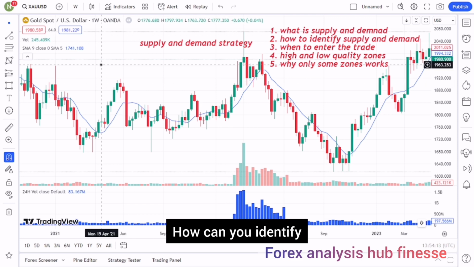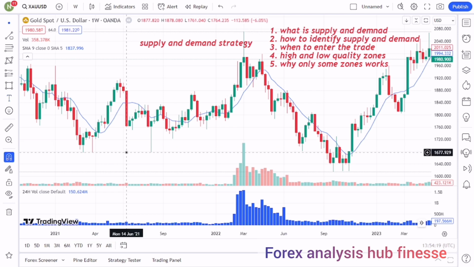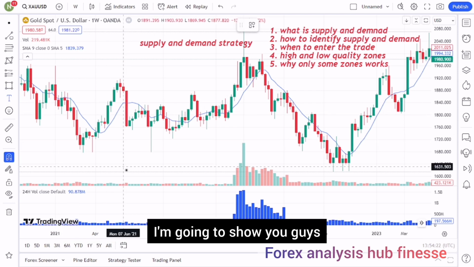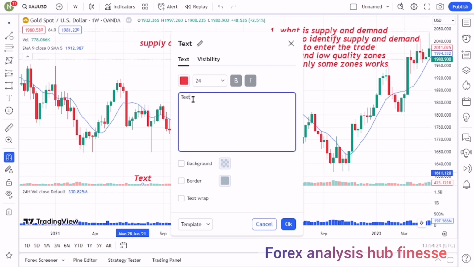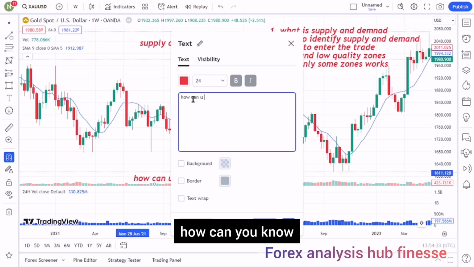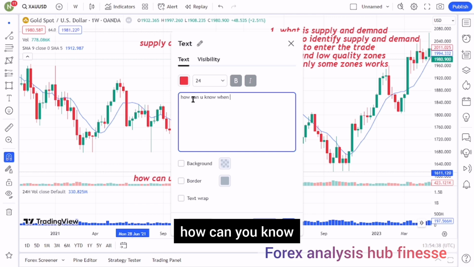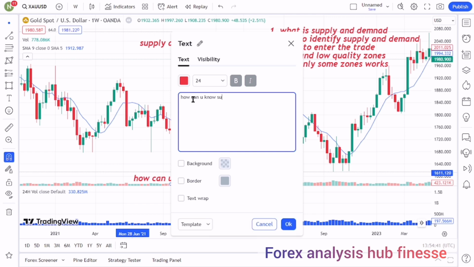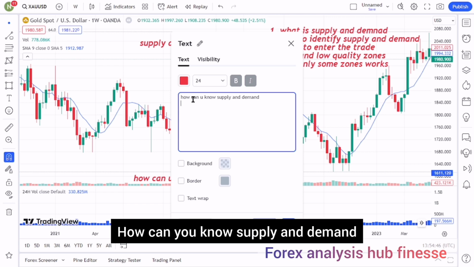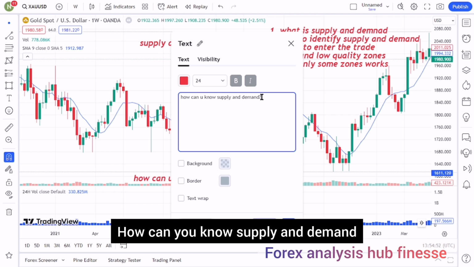The best way to identify is to use these key points. The question I'm asking is, how can you know supply and demand?